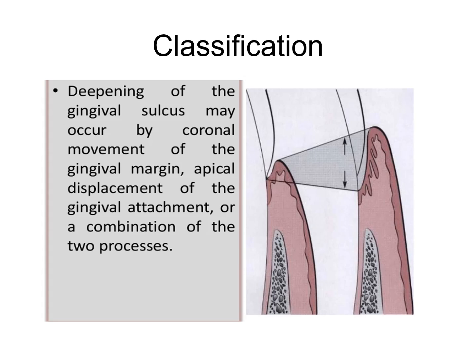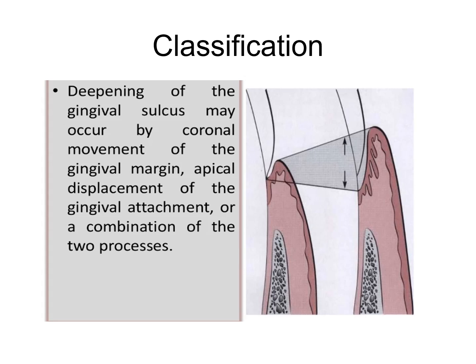Now, when you come to its classification, there can be an increase in the depth of the sulcus, as seen in the figure, due to a downward movement of the junctional epithelial cells or an upward movement of the gingival margin.